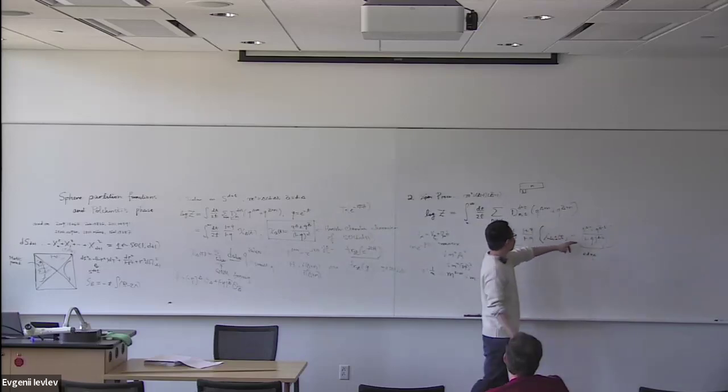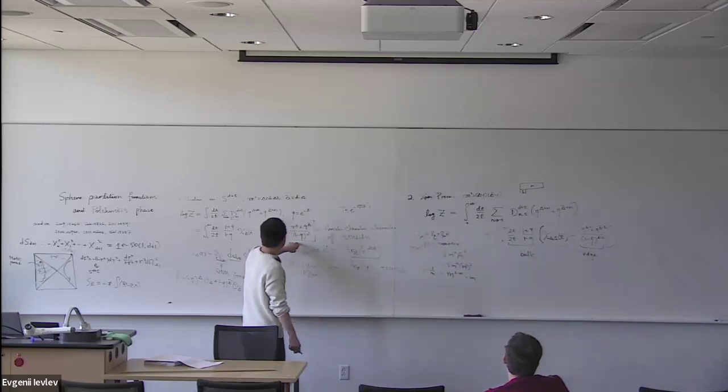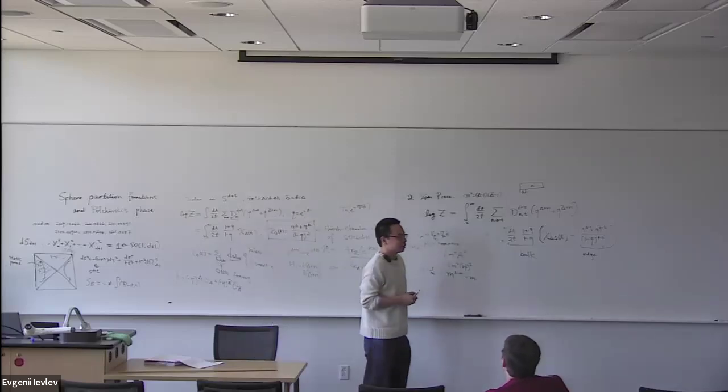Why? Because if you compare this one with this one, the only difference is that d is shifted by 2, d minus 2. So the extra term looks like a path integral on a d minus 1 dimensional sphere.